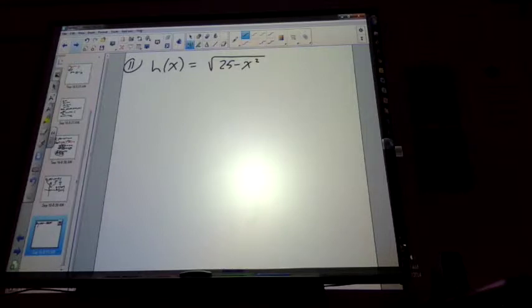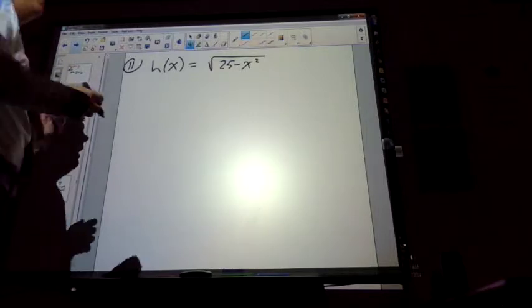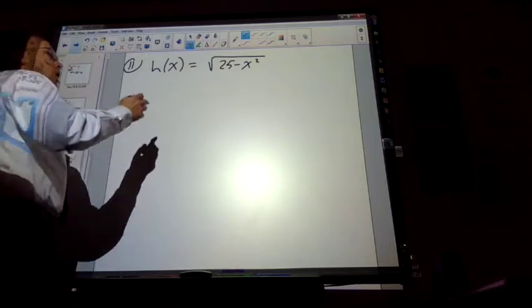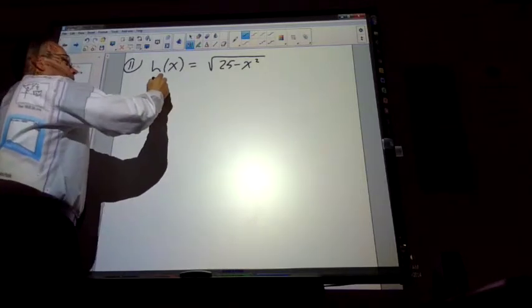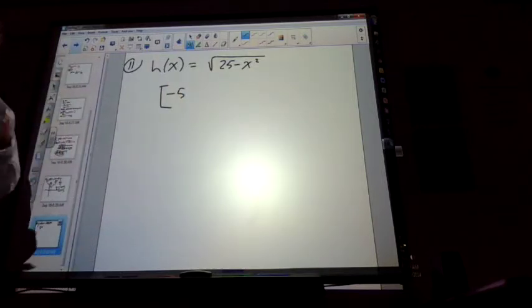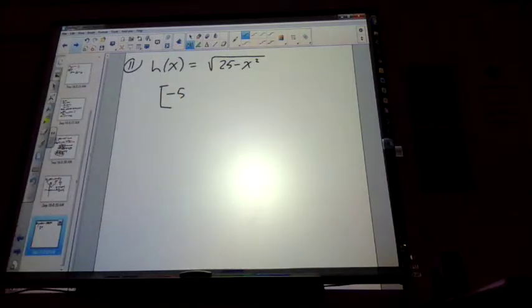But there are terms that we could plug in for x that would make this problem have a negative under the square root, which is an imaginary number. I don't want imaginary. I want it to be a real number. So if I plug negative 5 in, negative 5 as a quantity squared is 25. 25 minus 25 is 0. Square root of 0 is 0.